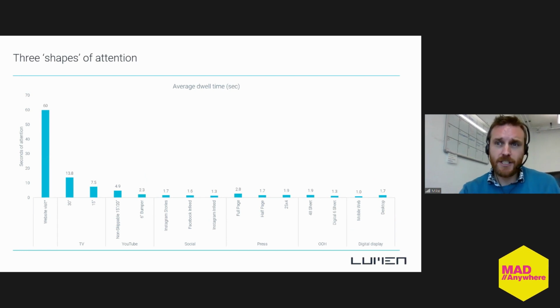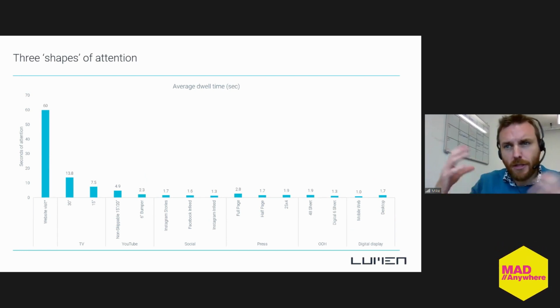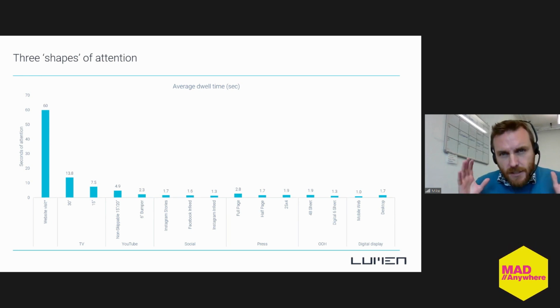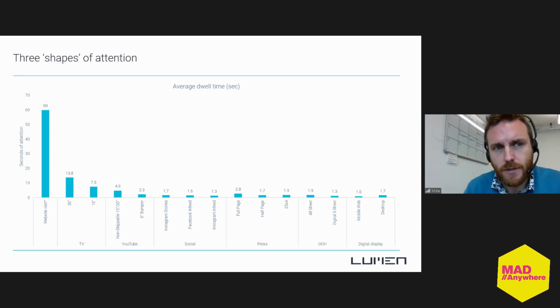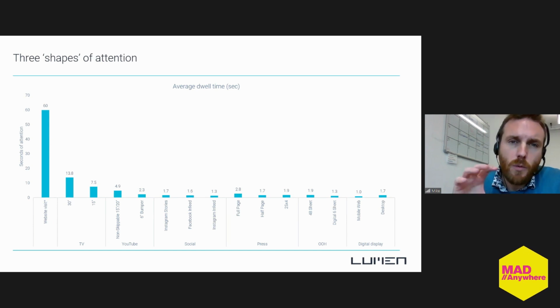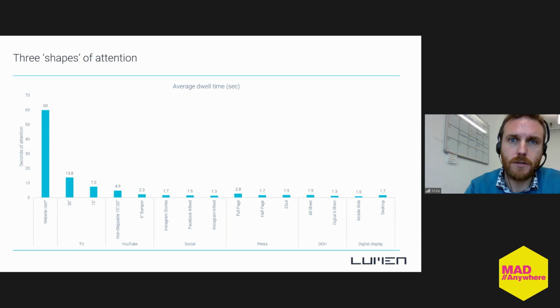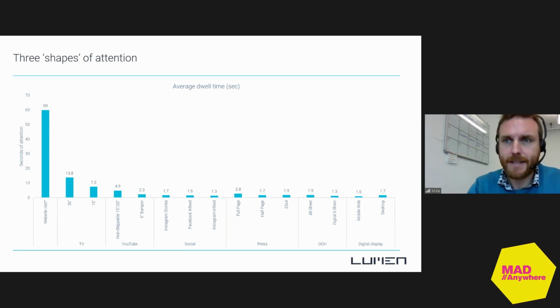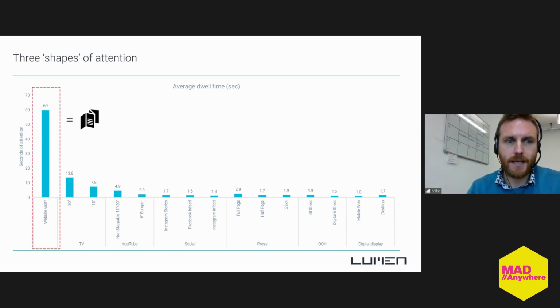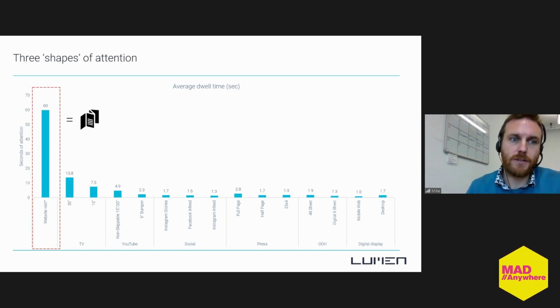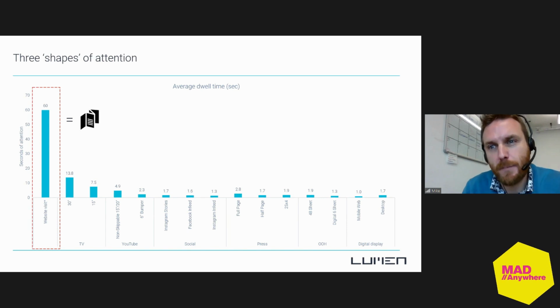It's as a result of this that we've had a look at what seem to be 3 shapes of attention. I think this is really important for marketers to understand, because when we look at the data from hundreds of tests all around the world, there seem to be 3 buckets of attention. The first bucket is website visits. The average dwell time of people actually looking at websites is about a minute.